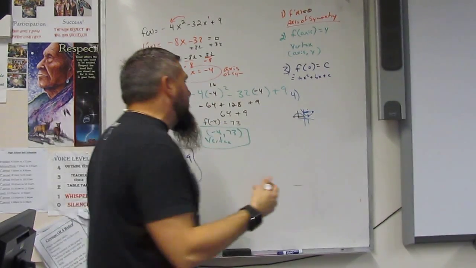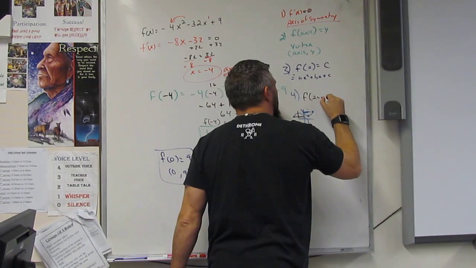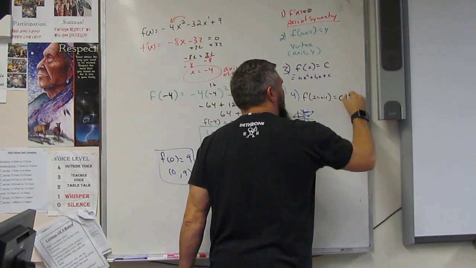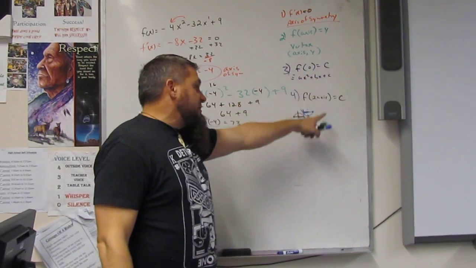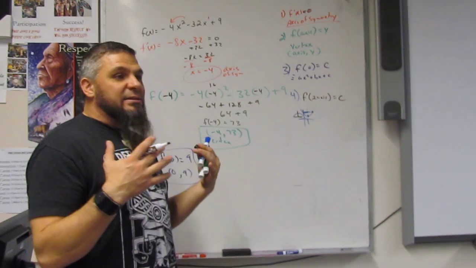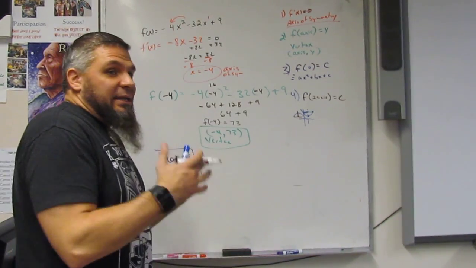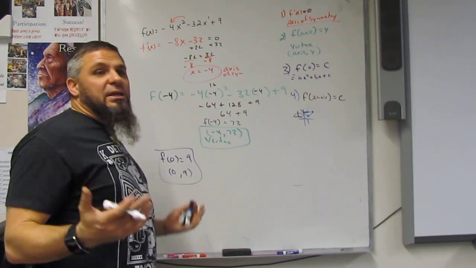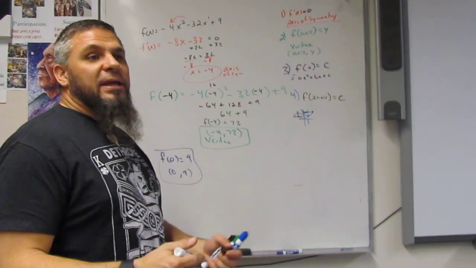Does that make sense? That's where I came up with f of 2 times the axis is going to equal c. Because if 0 equals c, then 2 times this axis, wherever that axis is, is also going to equal c. Every single time. It can't not equal c, as long as there is a c to be had.